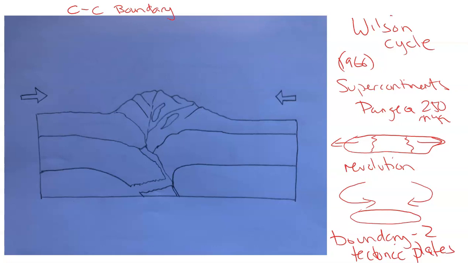So all of these collisions started out with an ocean plate component. Initially there was the ocean to continental convergent plate boundary, which again, we've done a video of this, you can check out. Again, there's a link in the top right.